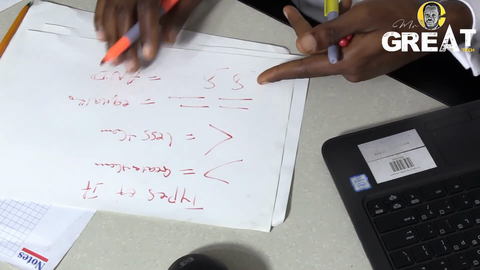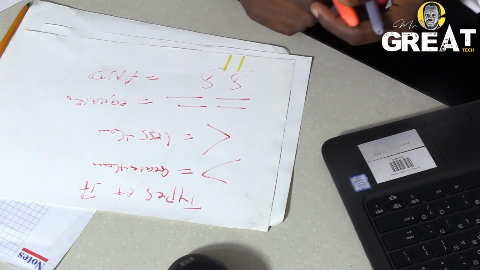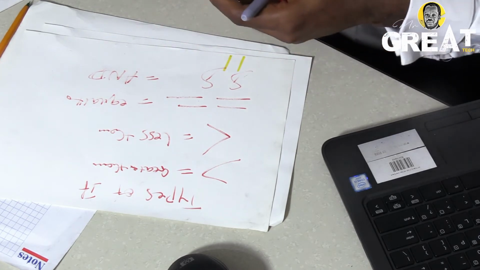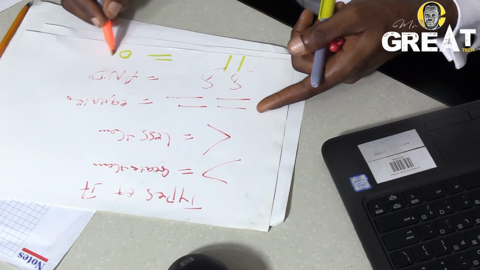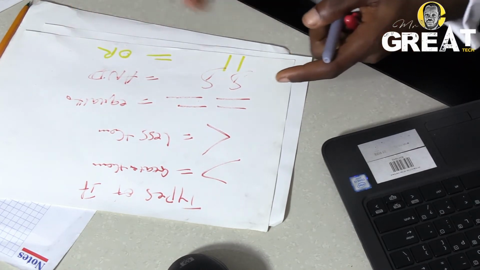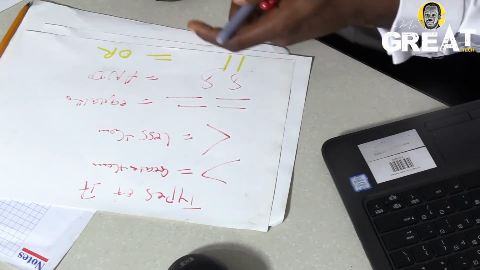Then you have or, which is like this. So you have a bar. This is or. Okay, so that is it.